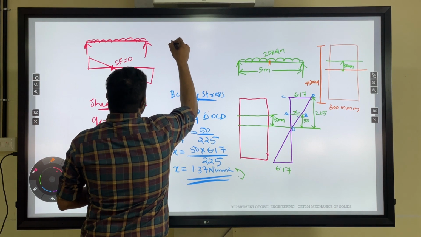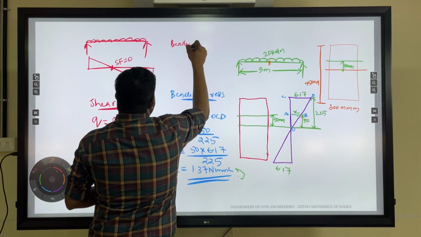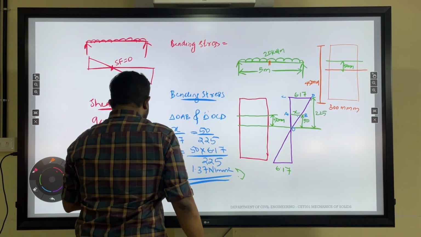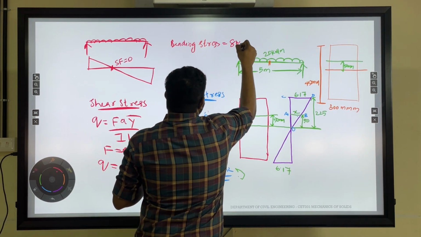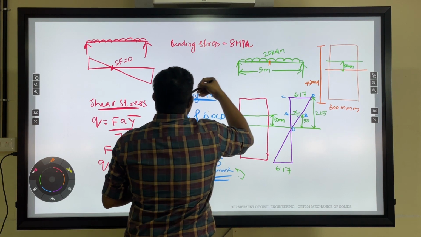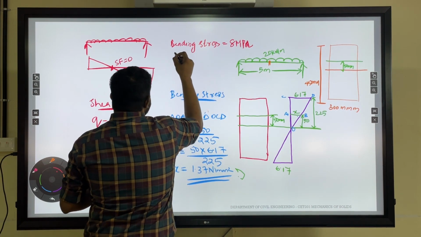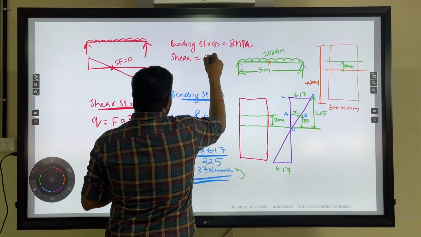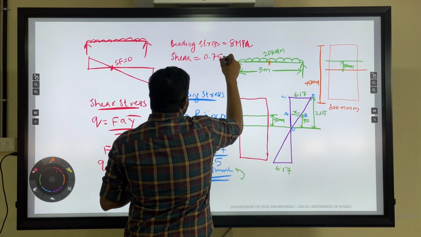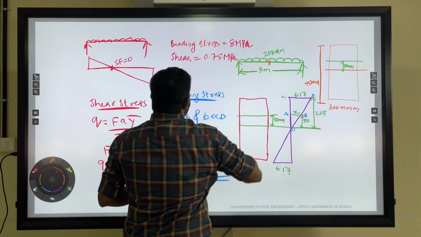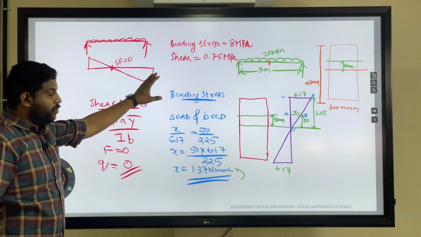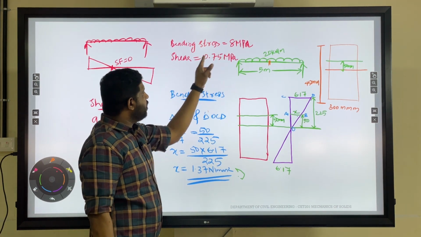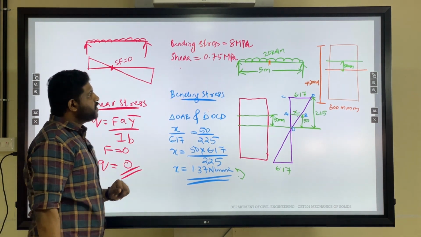The allowable stress in bending is given in the question as 8 megapascal, and the allowable stress in shear is 0.75 megapascal. So this much value is allowable in the structure. That is, bending stress can have a value of 8 megapascal and shear stress can have a value of 0.75 megapascal.